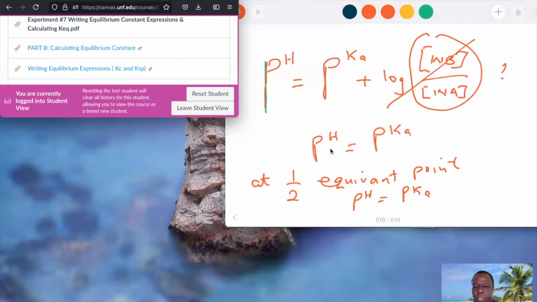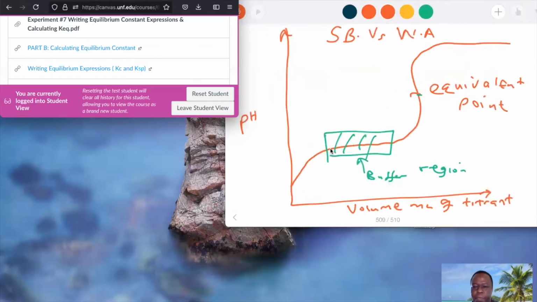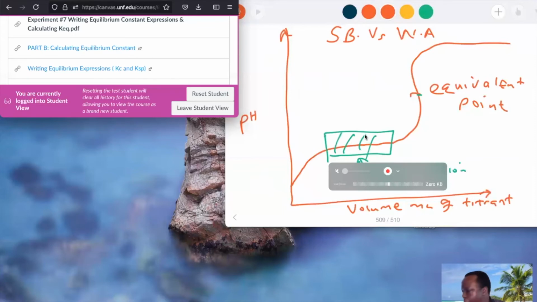Let me go back to the previous slide on my whiteboard. If we end up with a titration curve like this in our simulation, and we determine the equivalent point, then we can determine the pH at the half equivalent point.